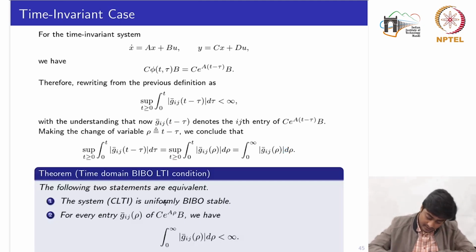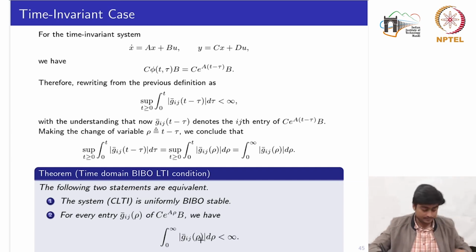This gives us the next result, that the system is uniformly BIBO stable, and for every entry g bar ij of this matrix, the absolute value of the impulse response integrated over 0 to infinity is also finite. This also says that the impulse response is absolutely integrable. Right?